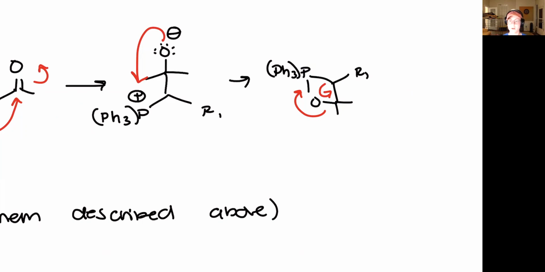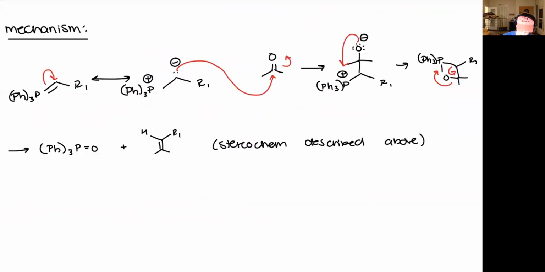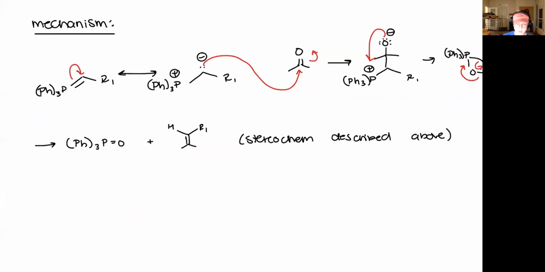Again, it is a little hard to keep track of, but hopefully, if you draw it out, you may be able to see it. Then we go from this structure to the alkene right here. I didn't add any R groups because we just talked about the stereochemistry, but we would need to look at the stability of the ylid and figure out what the product will be.